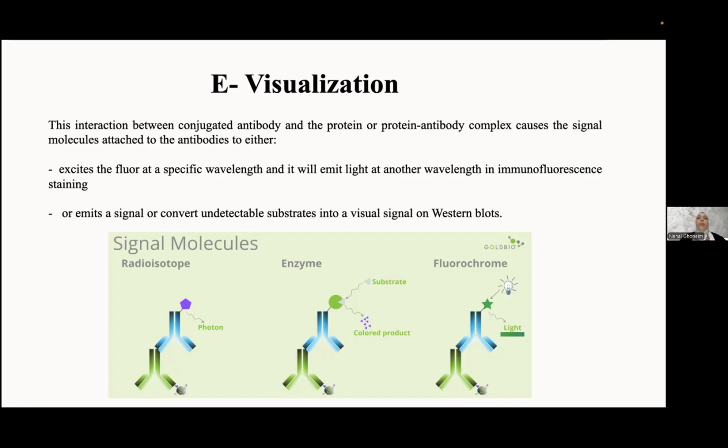So the excitation is at one wavelength and the emission at another wavelength, which will be detected using the fluorescent microscope, or emit a signal that converts an undetectable substrate into a visual signal, like what is done in the Western blot technique.